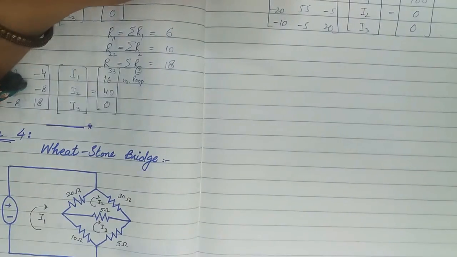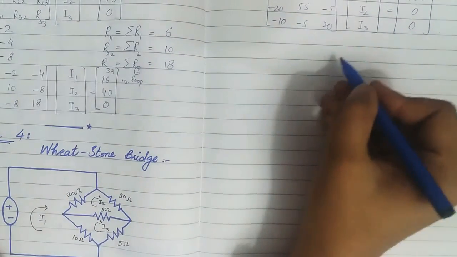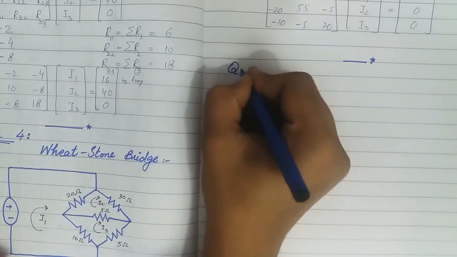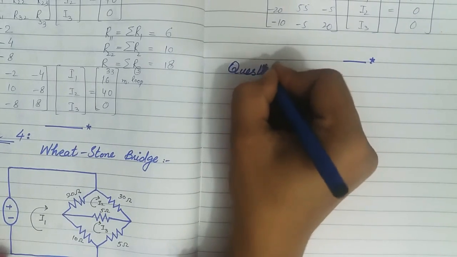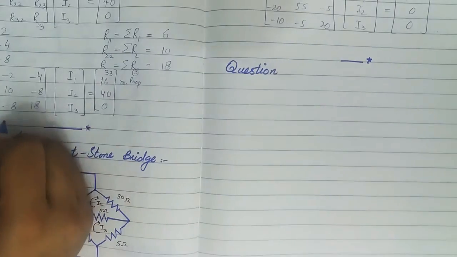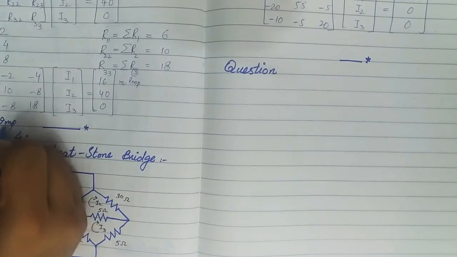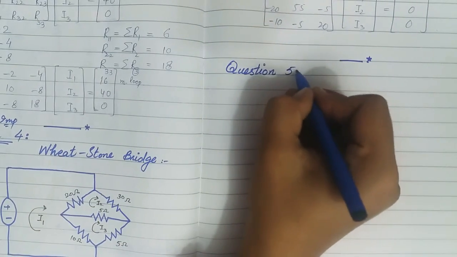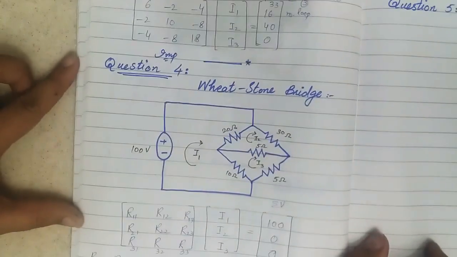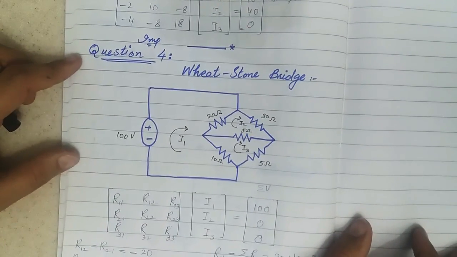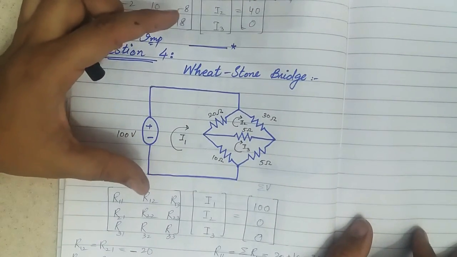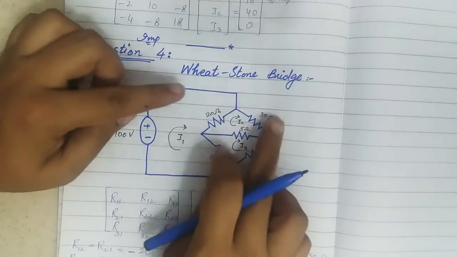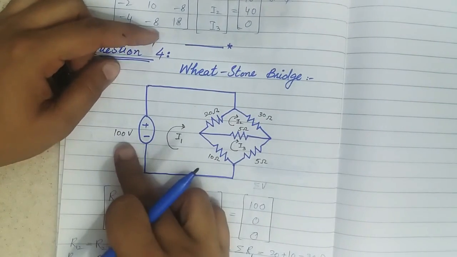This is the Wheatstone bridge. This Wheatstone bridge is very important. It should be clear that there could be another Wheatstone bridge given with the same shape, but values could differ.